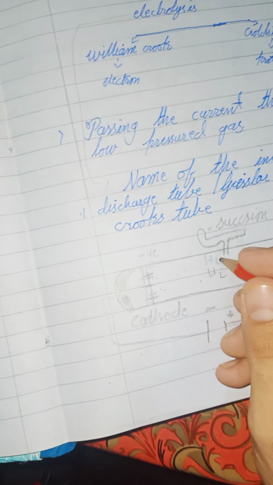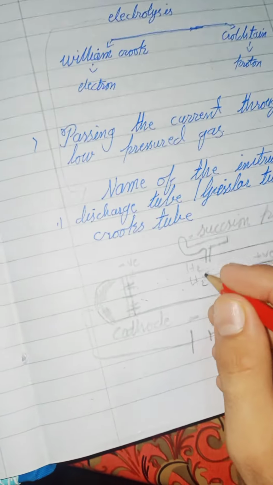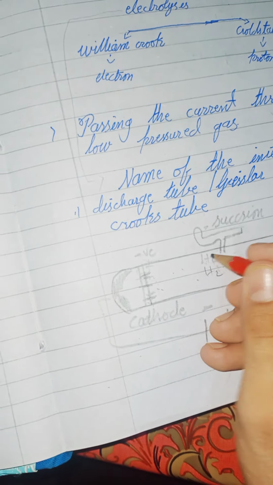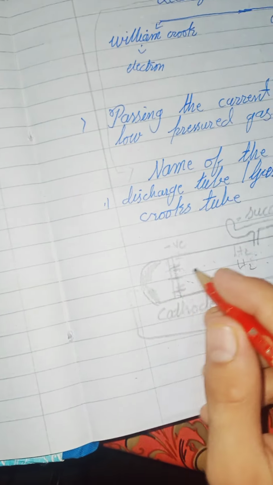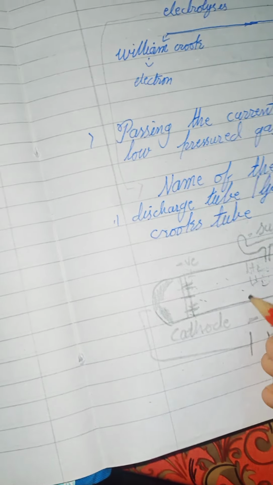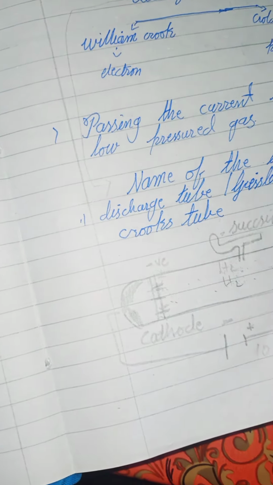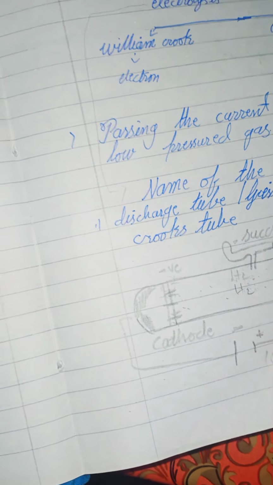Now there are just H positive ions. We know that negative will attract positive and positive will attract negative. So the H ions move, which means protons, because there is no electron in that H plus, there is just proton.